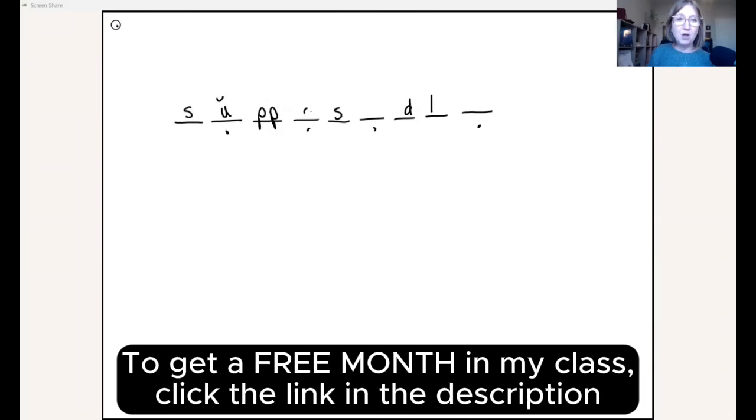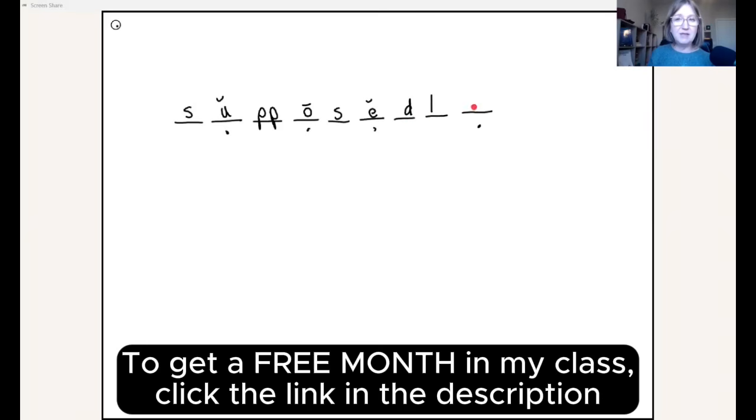O is a long vowel sound. We know that because it says its name. So it cannot have 2 consonants after it. It has to have another vowel in the next 1 or 2 spots. Supposed. Medium width sound, that's an E. It's short, so it needs 2 consonants after it, which we have right there.